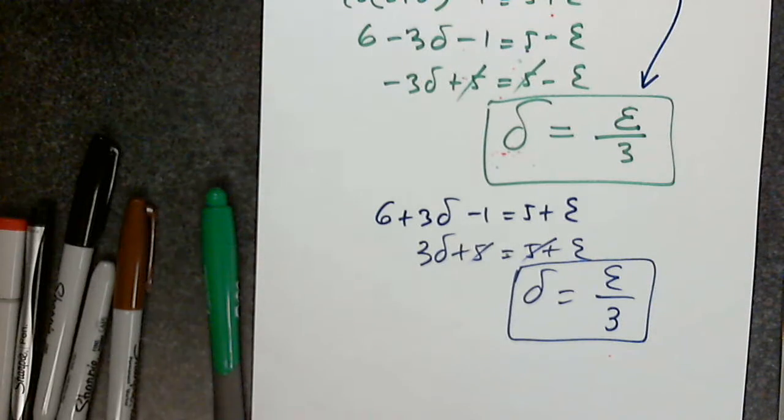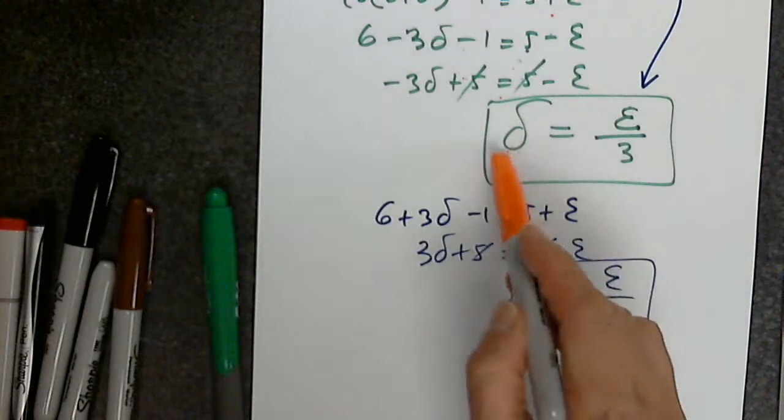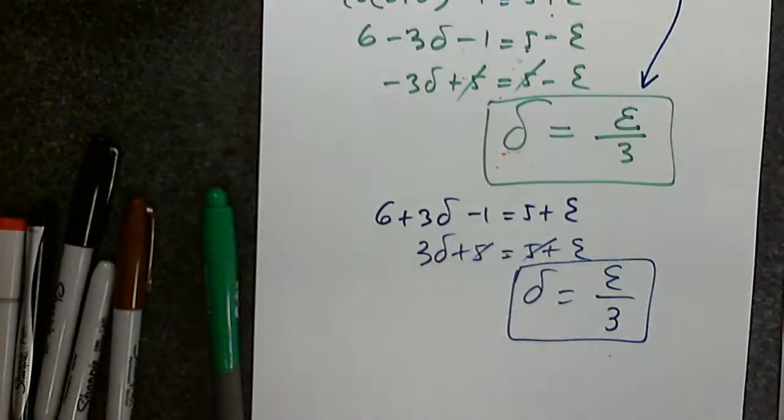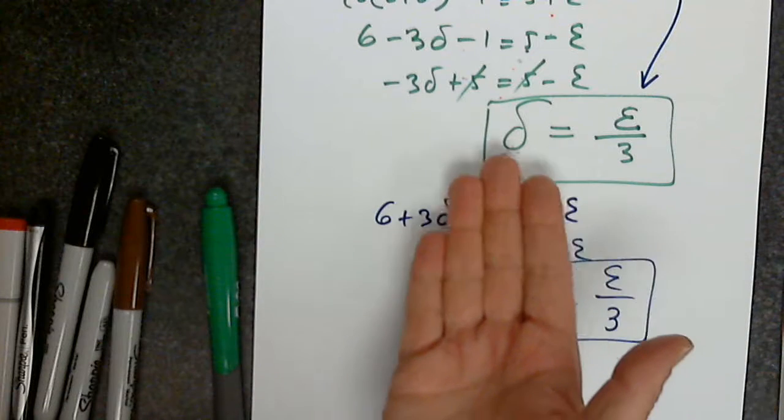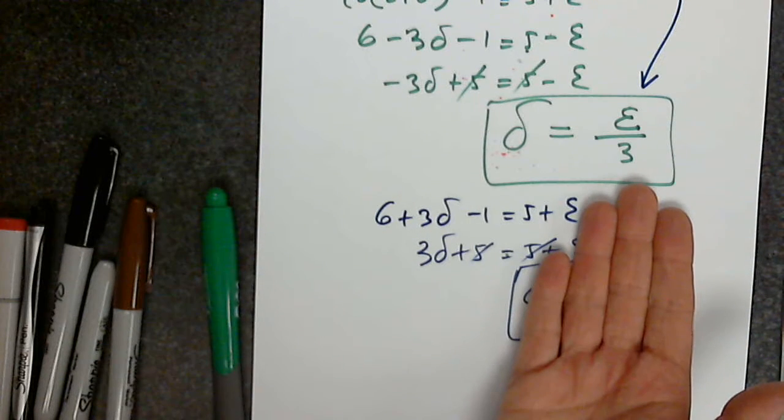So knowing that this is the relationship, no matter what I do, for any epsilon, in order to determine delta, what do I have to do to epsilon? What do I have to do to epsilon to get any delta? Exactly.